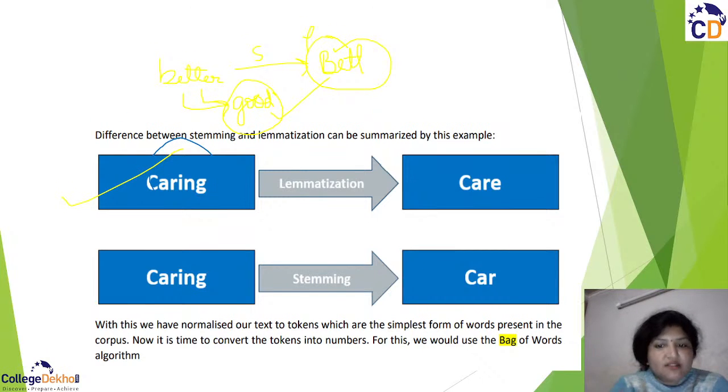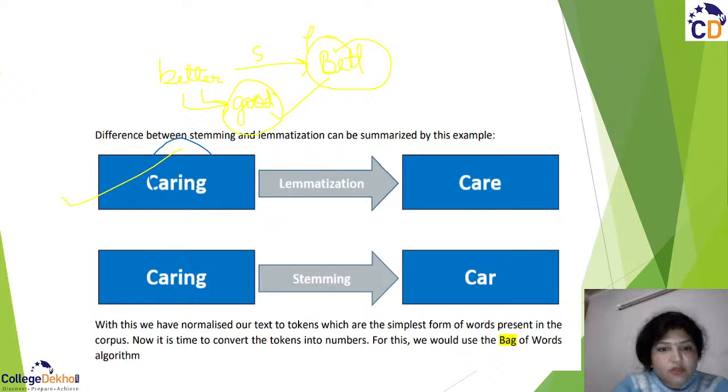So in the next step, when we are applying stemming or lemmatization, it comes to the simplest form, and the derived form will be taken out from the tokens, right? With this, we have normalized our text to tokens, which are the simplest forms of words present in the corpus.